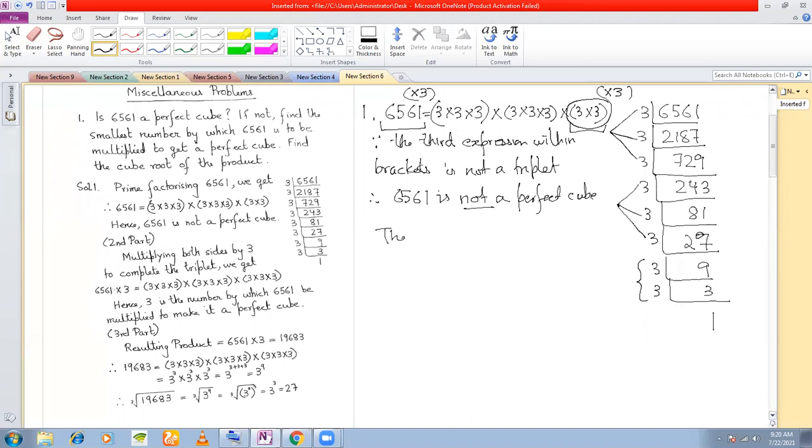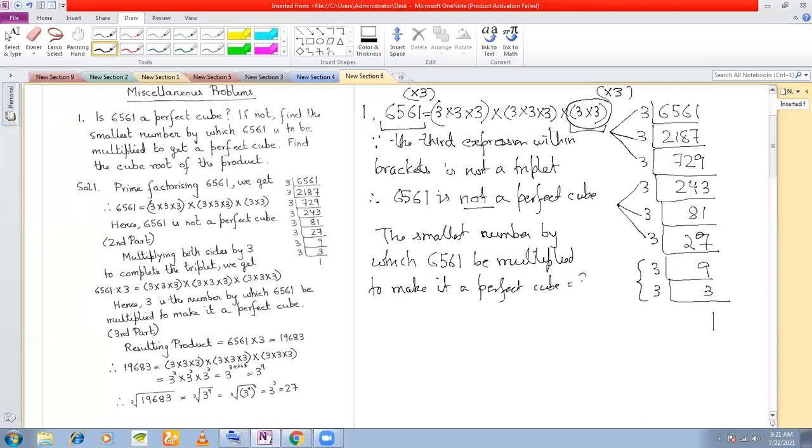The smallest number by which 6561 must be multiplied to make it a perfect cube. What is the number? 3, right? That answers the second part of the question.